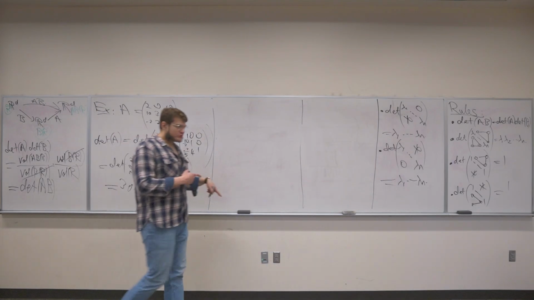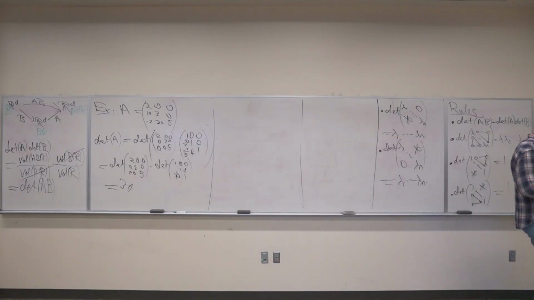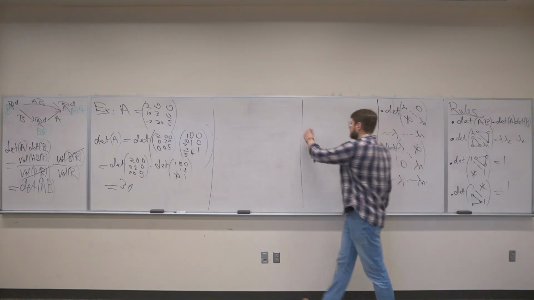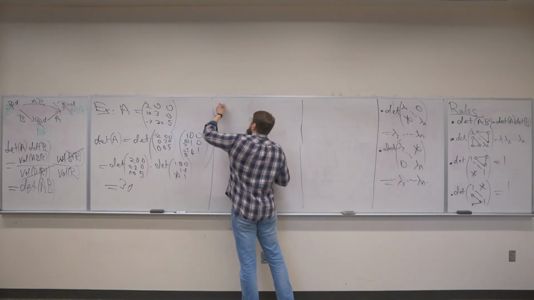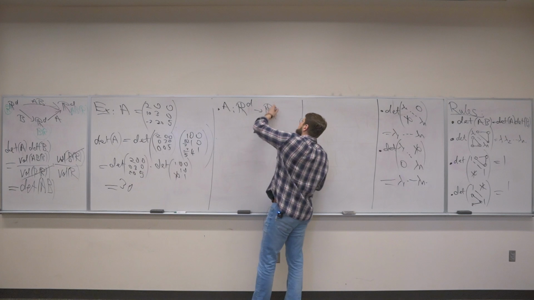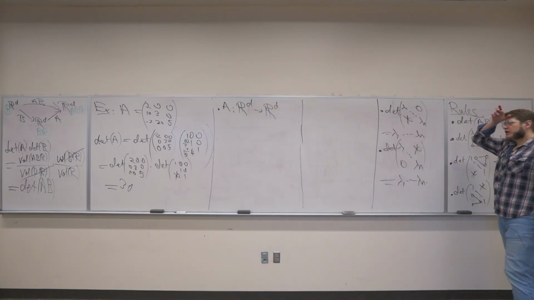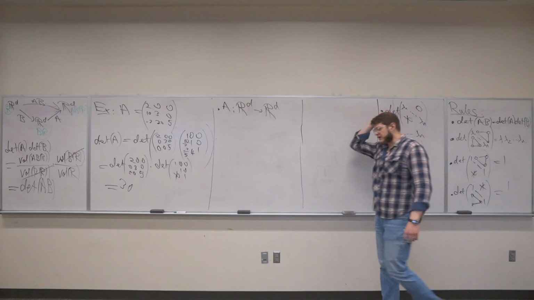And so based on that, I can connect determinants to invertibility. Okay? Again, I'm looking at a linear transformation from R^D to R^D. Well, it's a square matrix.